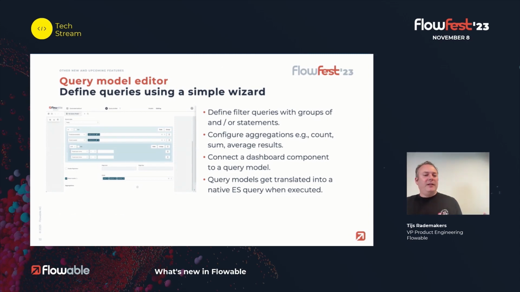And yeah, when you have defined the query model, you can nicely connect it to the dashboard component. And the query model gets automatically translated into a native Elasticsearch query. So you don't have to have any Elasticsearch knowledge. That's automatically done.